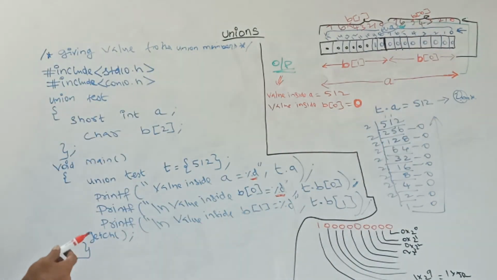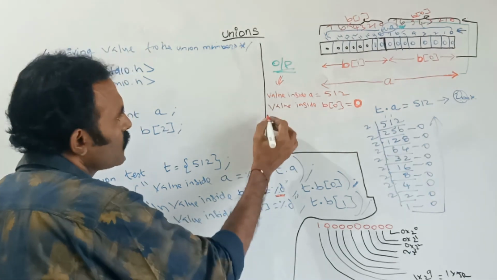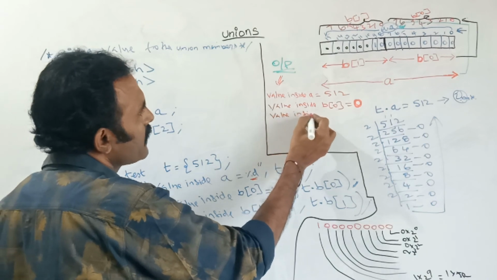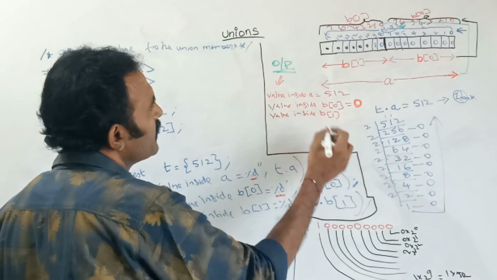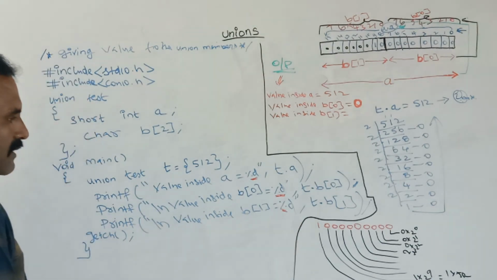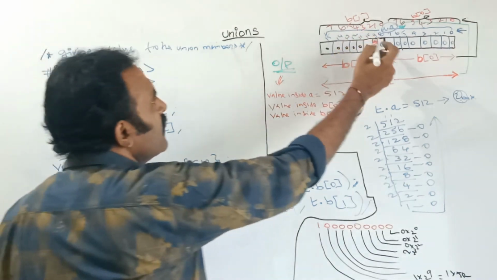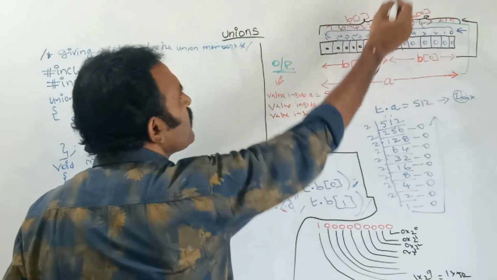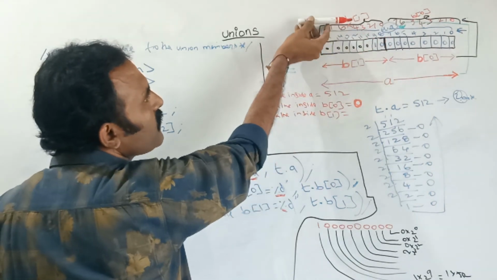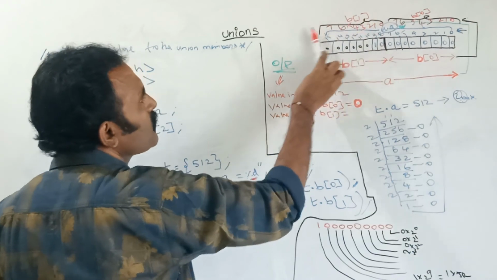Next, here I am telling it to print the value inside B of 1. So the result will be printed like this: value inside B of 1. Inside B of 1, here also I am telling it to print the decimal value. What will be the value here? For B of 1, what are the position values? Position values are 0, 1, 2 up to 7.